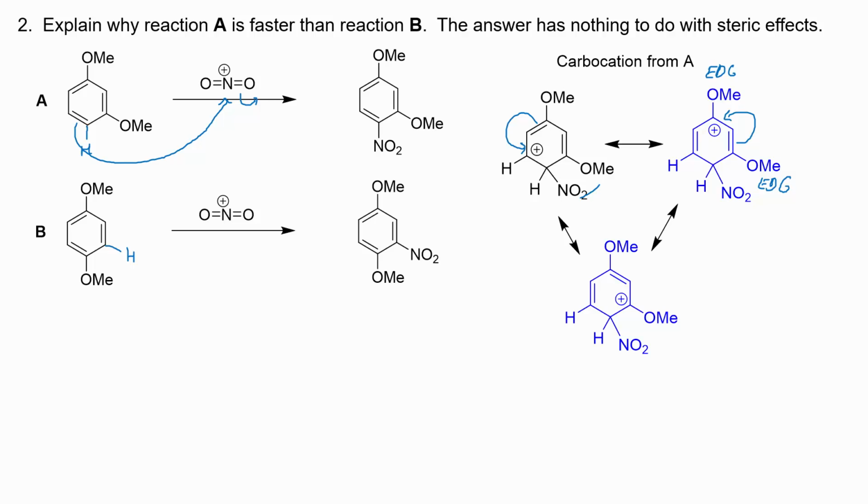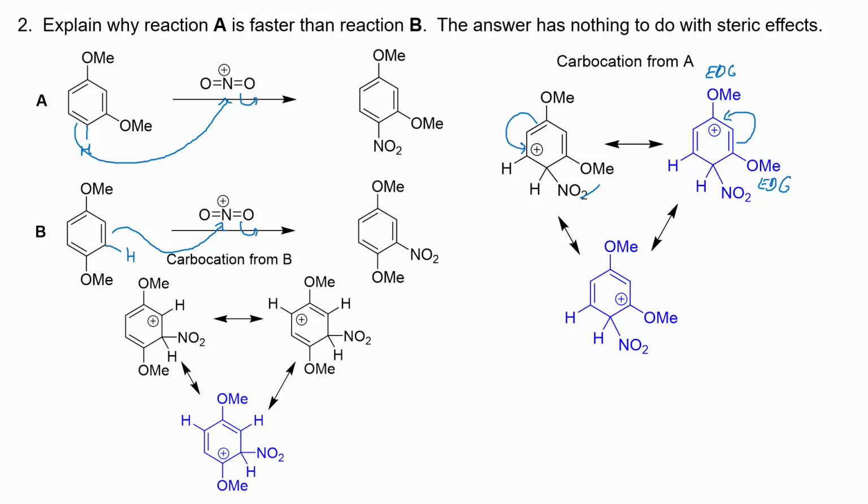All right, so let's think about how that principle applies when we look at the carbocation that arises from B. We're going to move arrows like this, and we initially get the carbocation right here. Again, we can write a series of resonance forms by switching the position of the double bond to the carbocation.